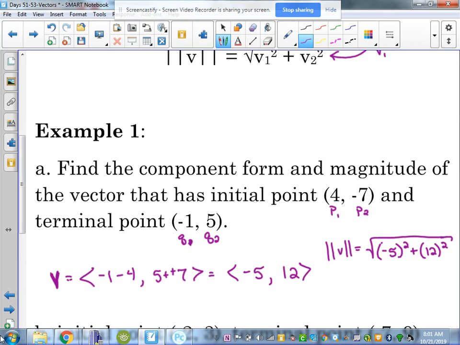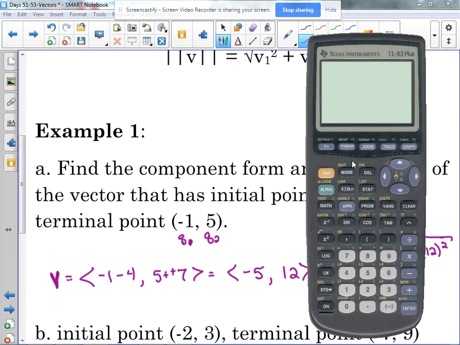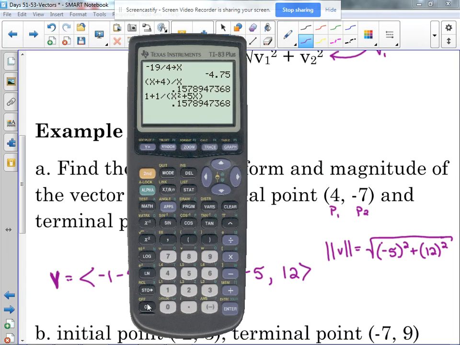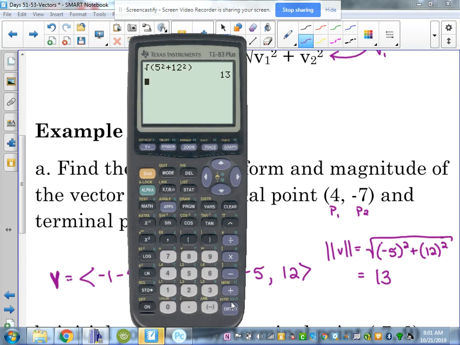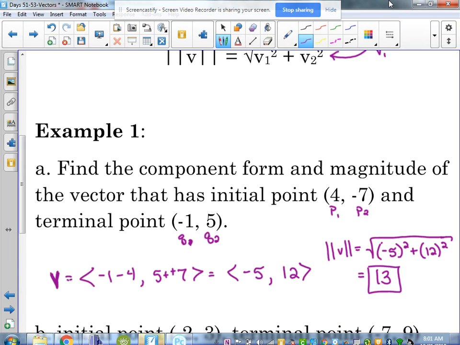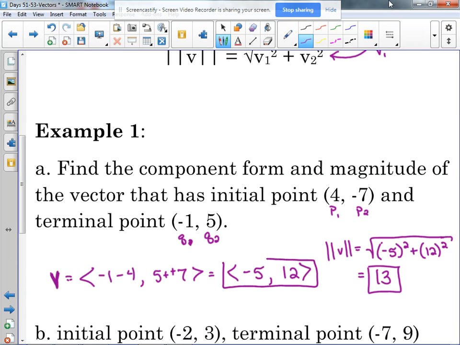Now, personally, when I'm doing this, to avoid making the mistake of forgetting my parentheses, you know that a negative number squared is always positive, so don't even put it in your problem there. 5 squared plus 12 squared is 13. So the magnitude of this vector is 13, and the component form is -5, positive 12.